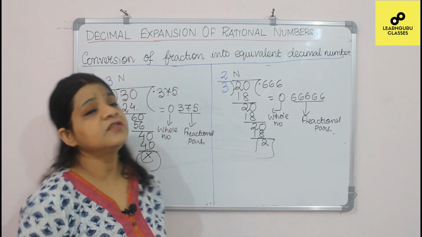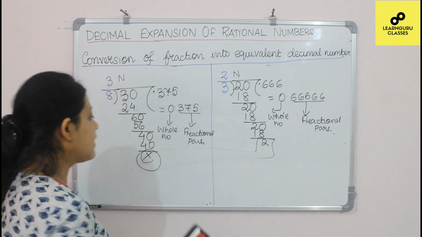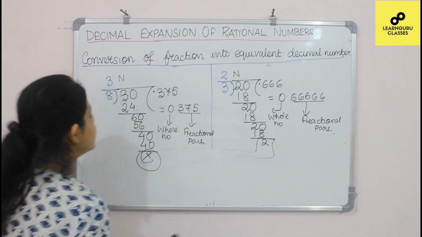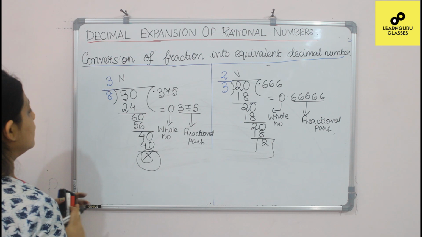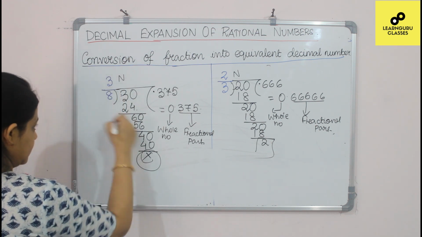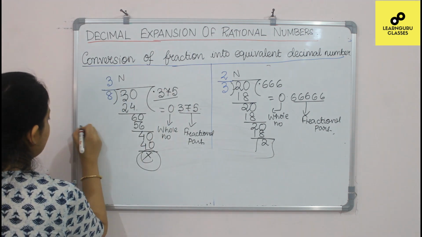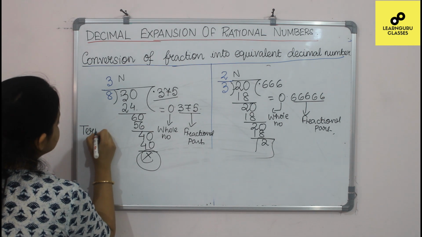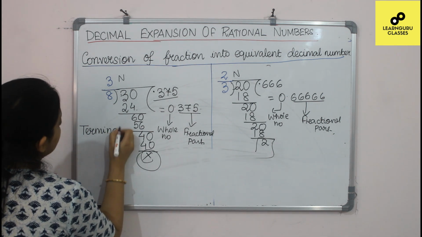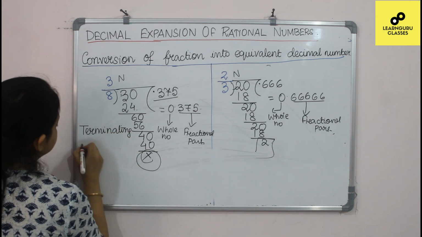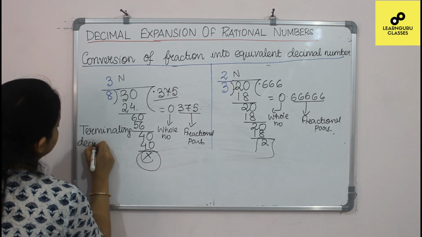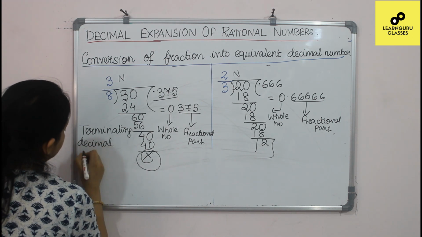Based on these two examples, we call this particular decimal expansion a terminating decimal expansion.